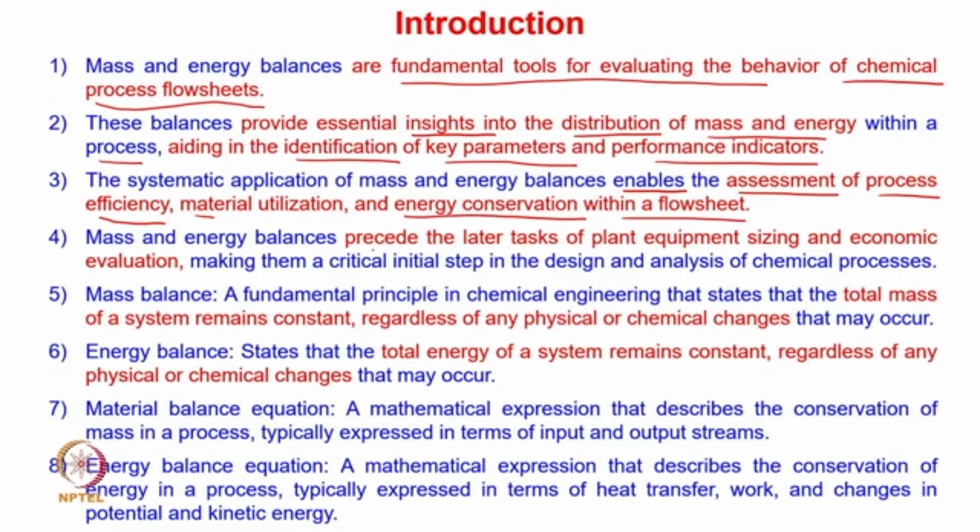Mass and energy balance are the steps which come before the plant equipment sizing and economic evaluation. So clearly mass and energy balance is extremely important. It's a critical initial step in the design and analysis of chemical processes.